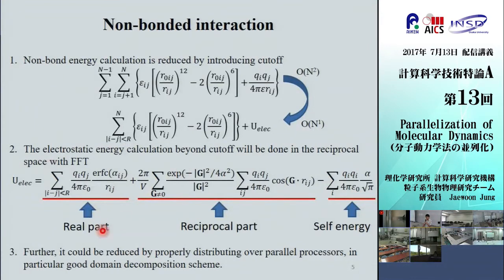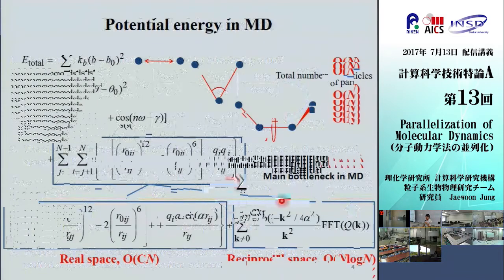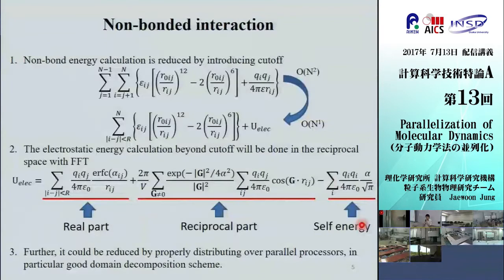Real space calculation, in which we introduce a cutoff like van der Waals; reciprocal space interaction, in which we calculate the energy not in real space but in reciprocal space; and self energy, which is a constant. Further, using this scheme, we can reduce the computational cost from order of N squared to order of N, and this part order of N log N. And further, we can reduce the computational costs by properly distributing over parallel processes.